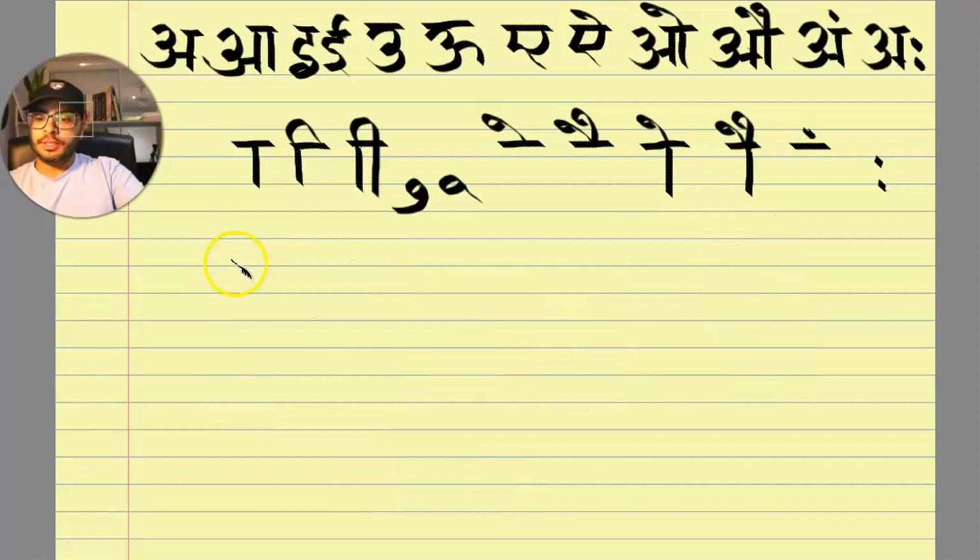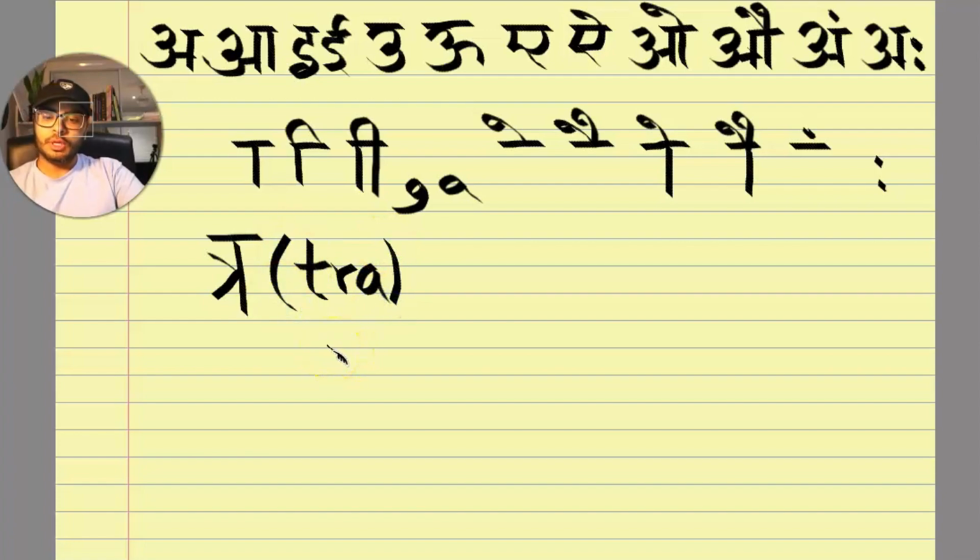Now the next one in the list is tra. We write it this way, a vertical line and then two lines, one diagonal line going up, one going down, and then the dash. This sound is made up of ta and ra, and we pronounce it as tra. There would be no sound in English that resembles this sound, but a word that has this sound in Nepali would be something like trikond.